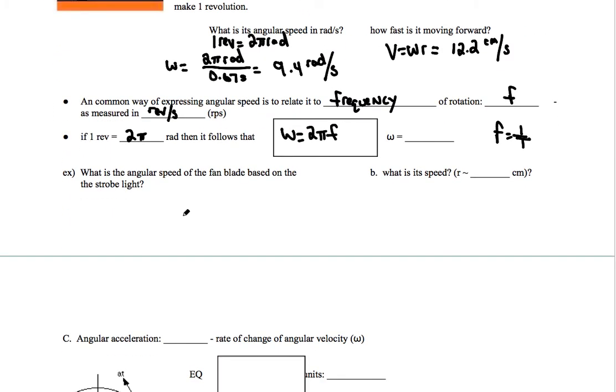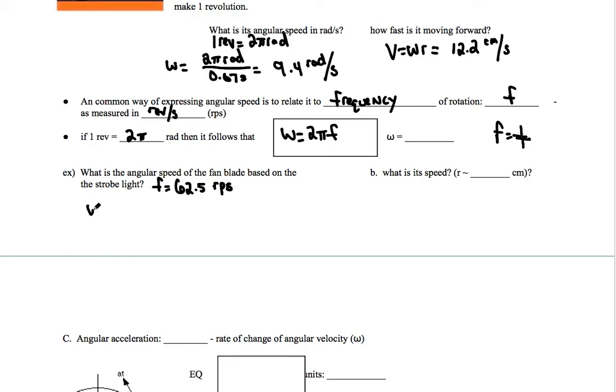So what is the angular speed of the fan blade based on the strobe light? Well, if we put a strobe light on an everyday fan, what we get is a frequency of 62.5 RPS, revs per second. And what we really want to do is take that and get it into radians per second.